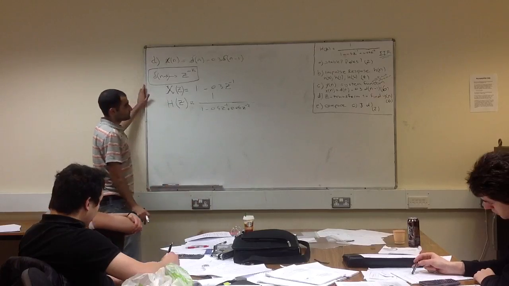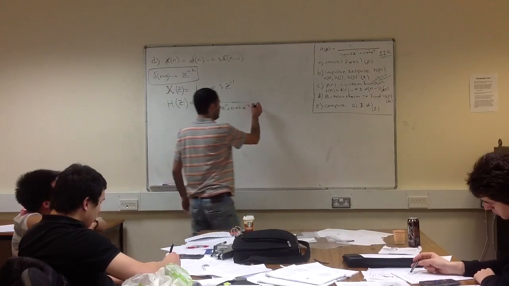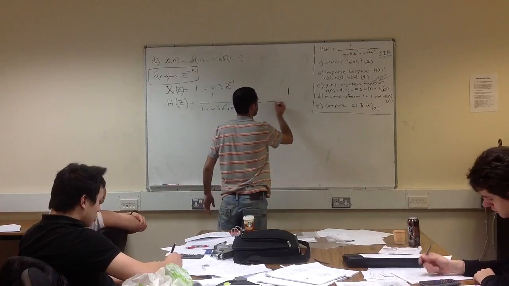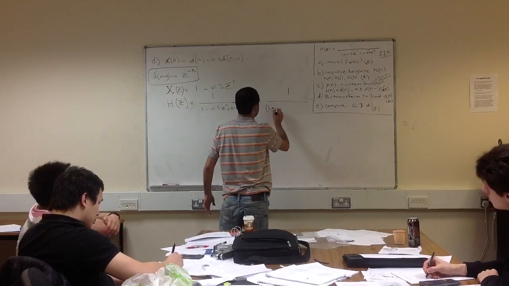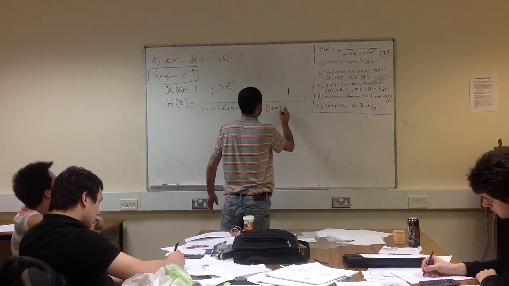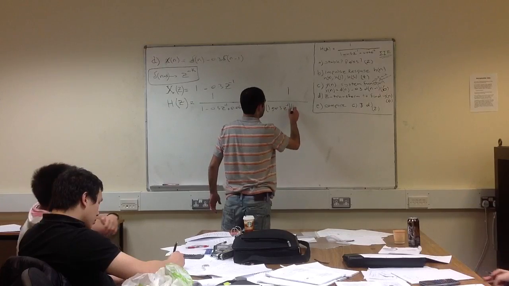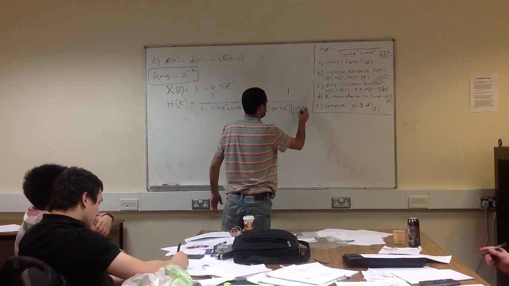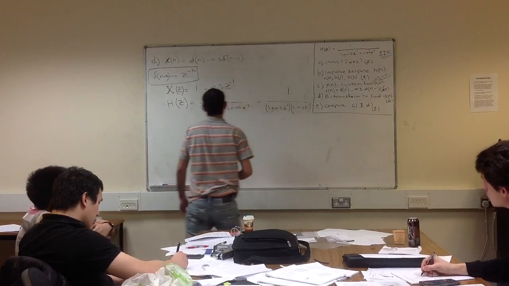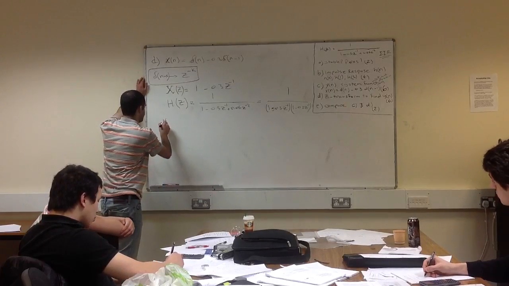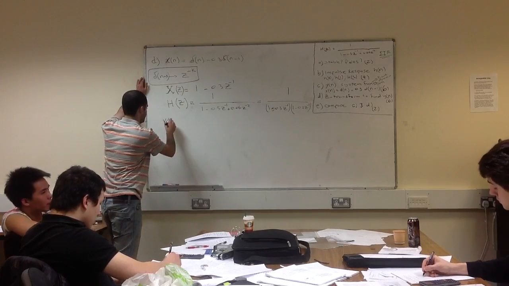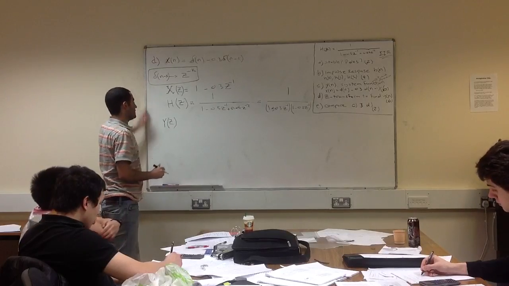Factorizing that again, as we know from the last question, is 1 minus 0.3 z to the minus 1, times 1 minus 0.2 z to the minus 1.